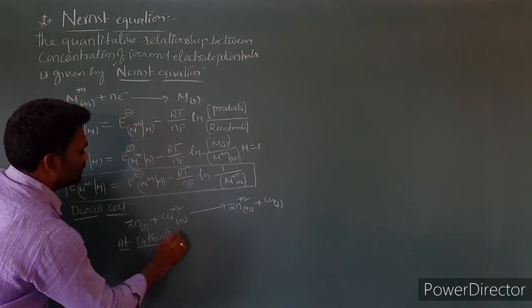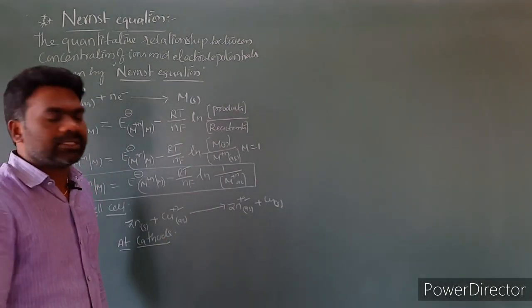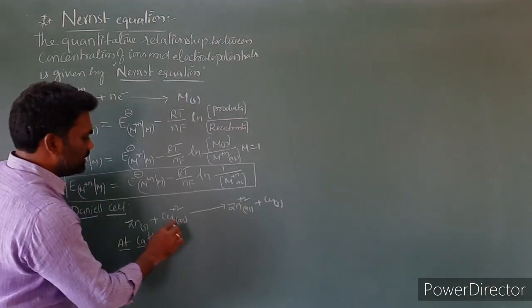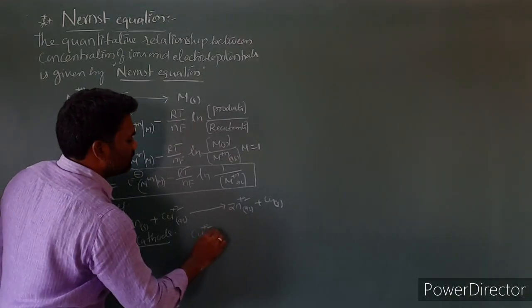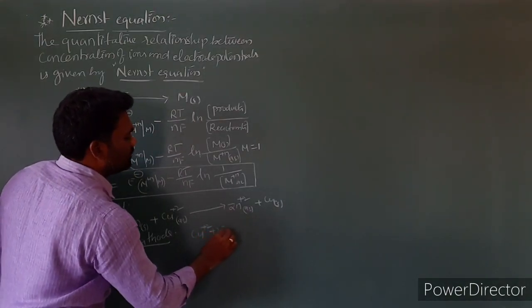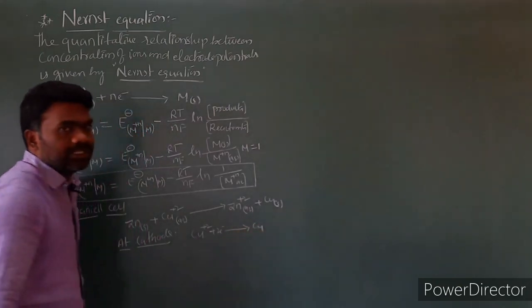Reaction at cathode. What is the reaction taking place at the cathode? At the cathode, Cu plus 2 takes 2 electrons and converts into Cu, isn't it?